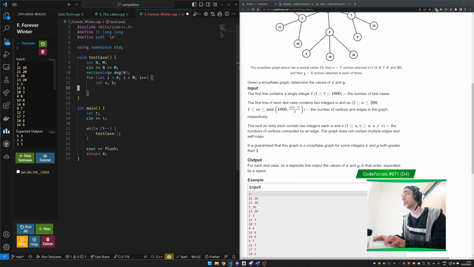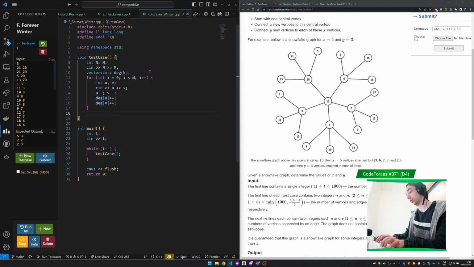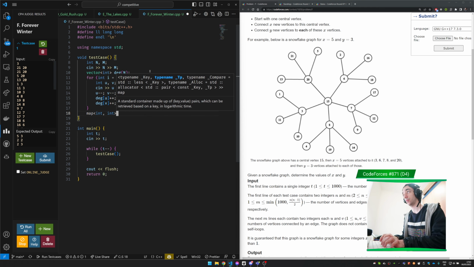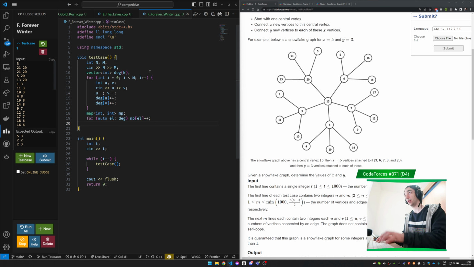Then for each edge, I will iterate over the degrees and say, okay, there are two sets of, so there are map at this element plus plus.